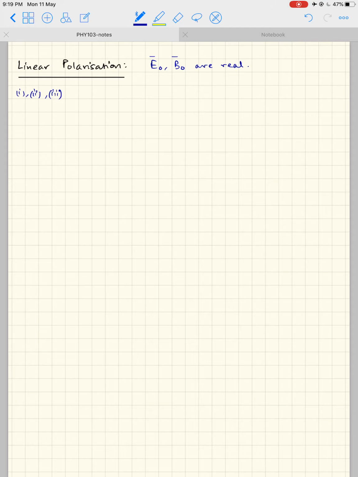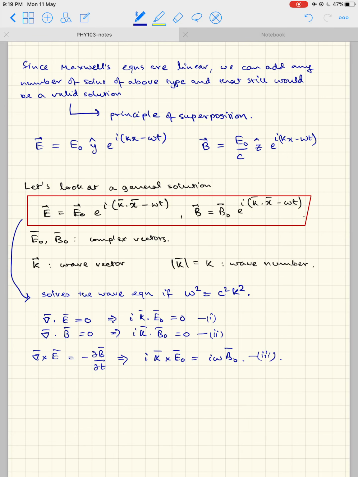So equations 1, 2, and 3 say that E naught and B naught are perpendicular to k. They are also perpendicular to each other. How do we see that?